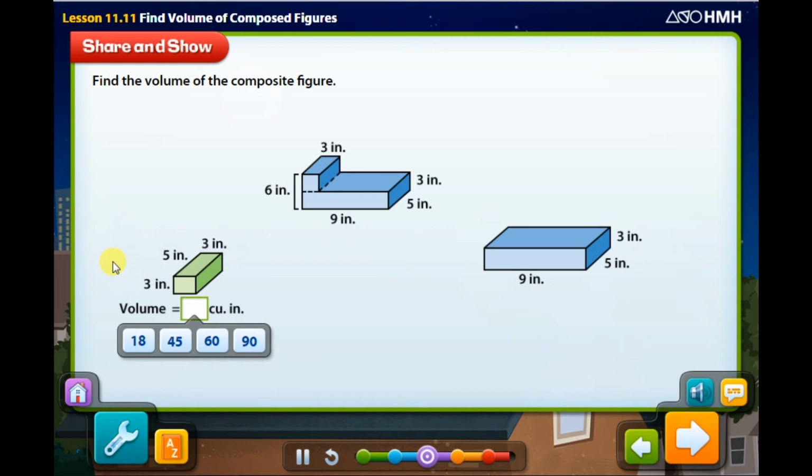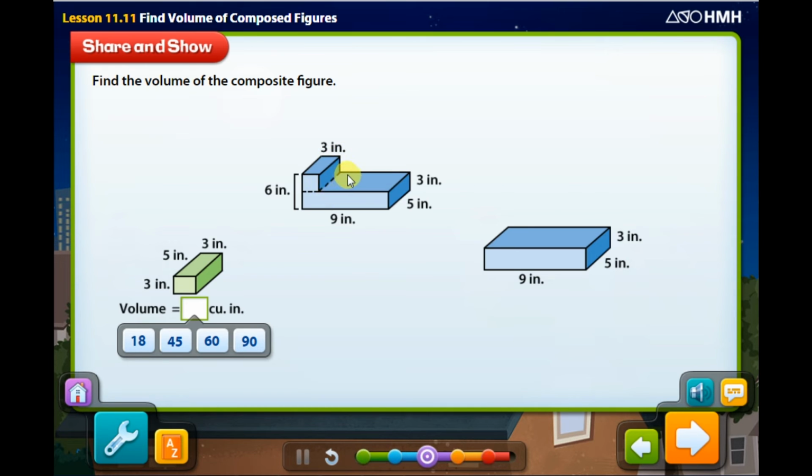What's the volume of the first rectangular prism? So let's multiply. 3 times 3 is 9, times 5 will be 45. So again, what are the dimensions of the small rectangular prism? The height is 3, the length is 3, and the width is 5.